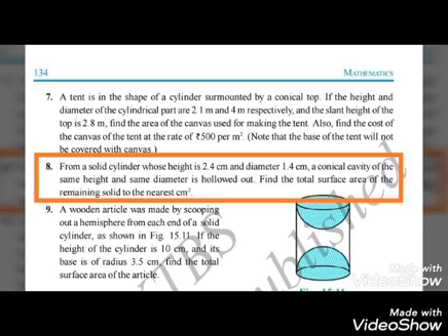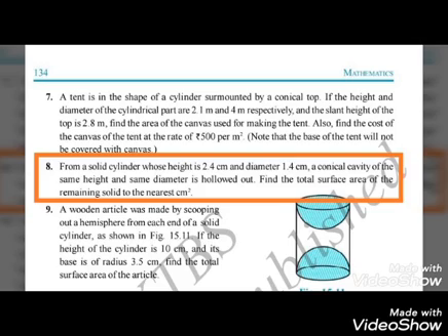CSA of the cylinder, CSA of the cone, and one circular base of the cylinder. We have to add these three parts to get the total surface area of the remaining solid. Otherwise we can take another method, by subtracting from the total surface area.